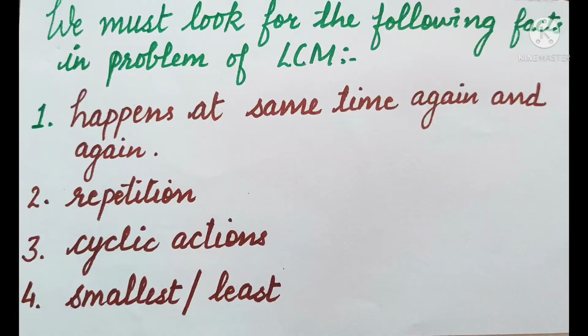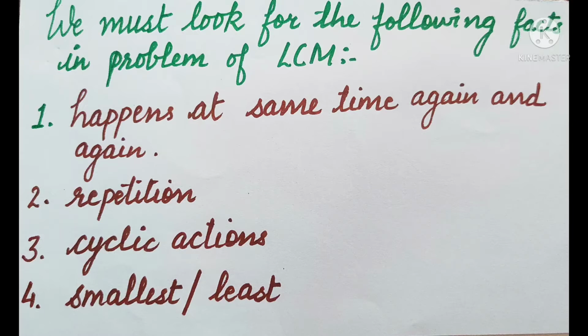But if the question shows the repetition of something again and again, or cyclic actions to happen again, then in that case we need to find out the LCM. So these words can help us a lot to identify whether the problem is of HCF or LCM.